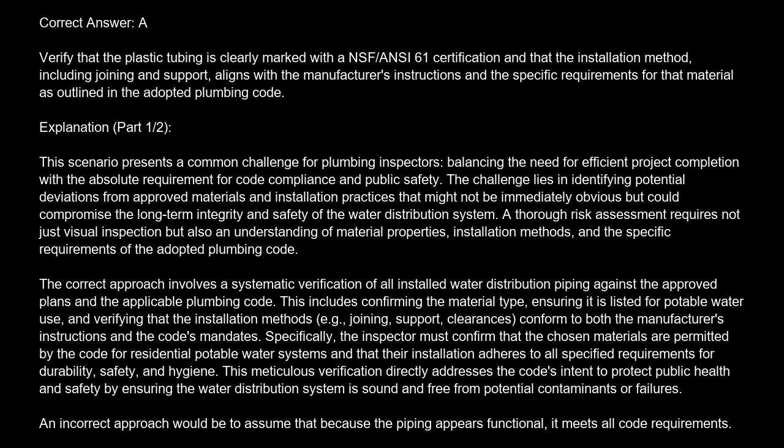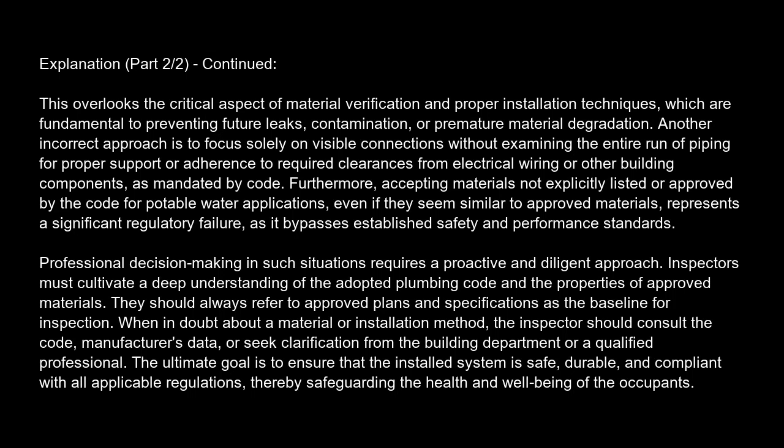An incorrect approach would be to assume that because the piping appears functional, it meets all code requirements. This overlooks the critical aspect of material verification and proper installation techniques, which are fundamental to preventing future leaks, contamination, or premature material degradation.